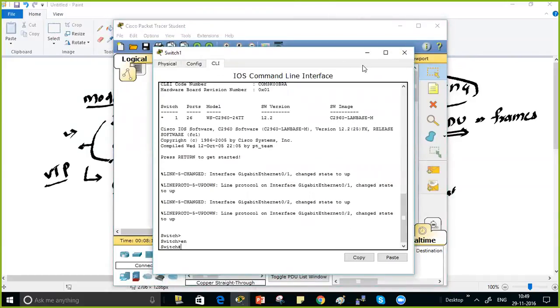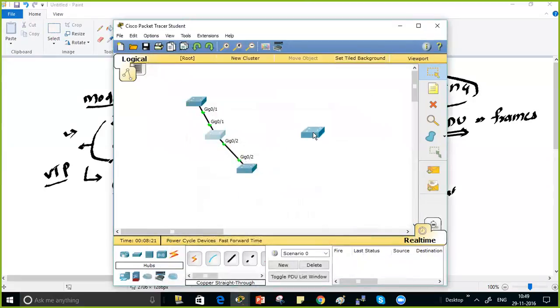I'm configuring, and I'm taking another three switches. Why I'm taking other switches, I will explain.